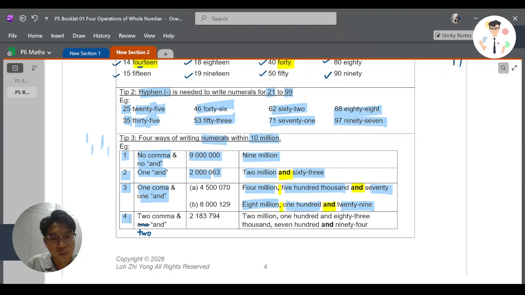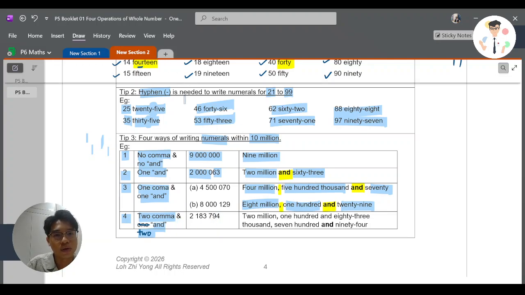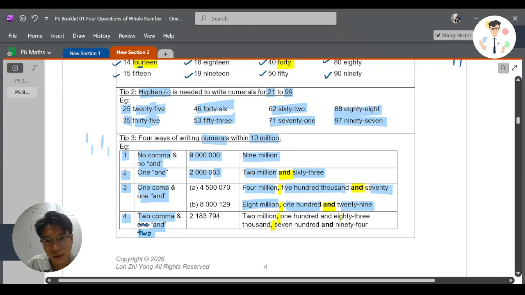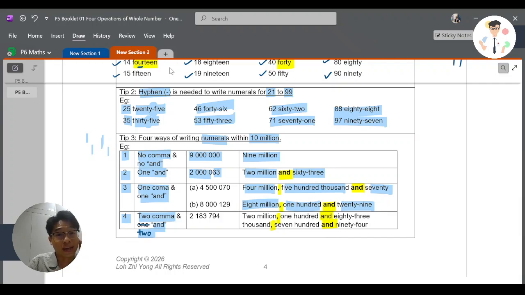But the last one, which is the longer one, you need 2 commas and 2 "and"s. So for example here, let me just highlight for you: 2 commas, 1 comma here, 1 comma here, 1 "and" here. So how do we connect them together?